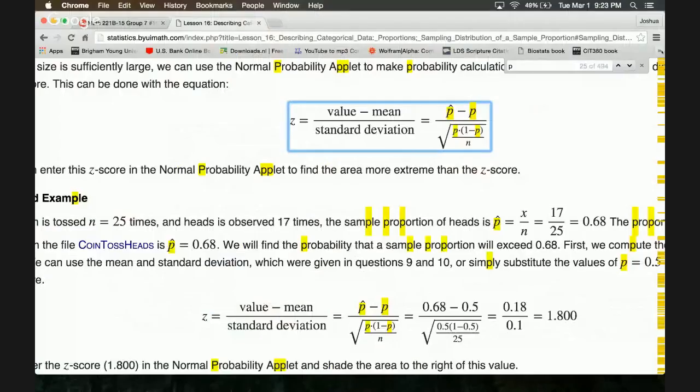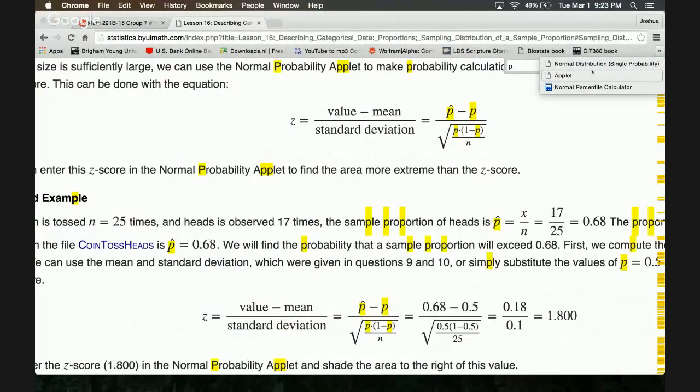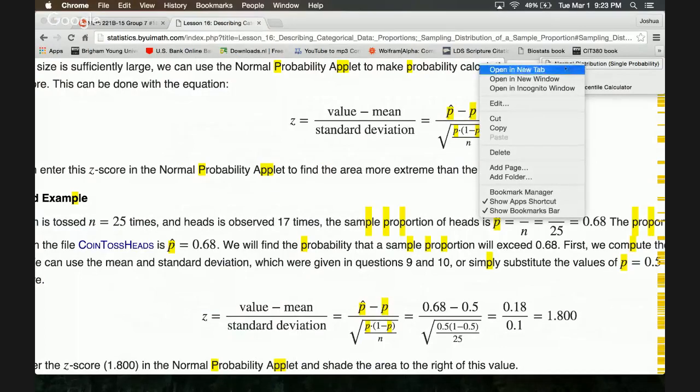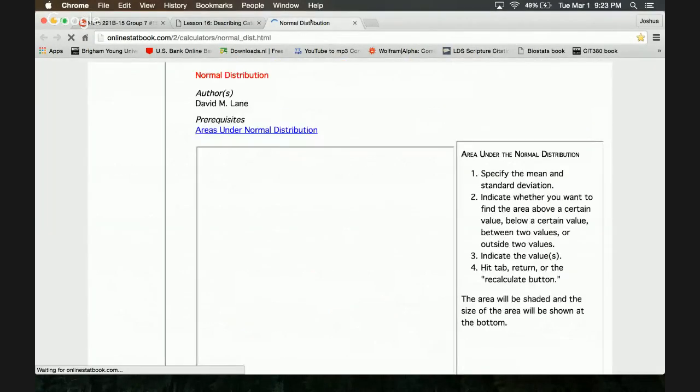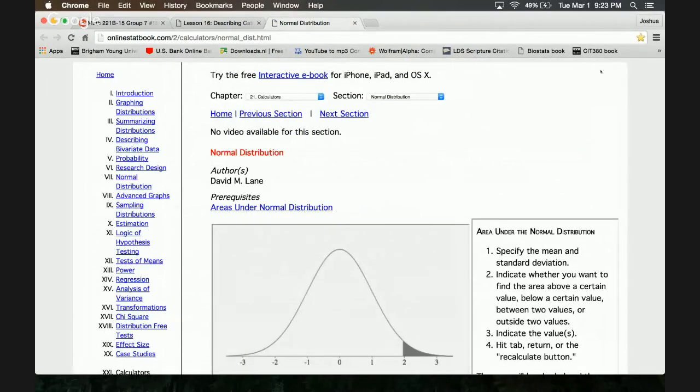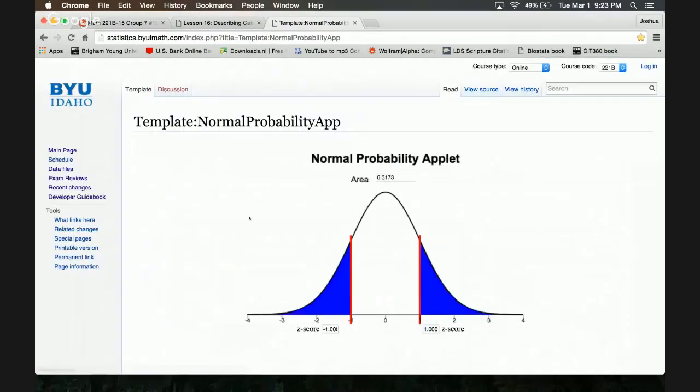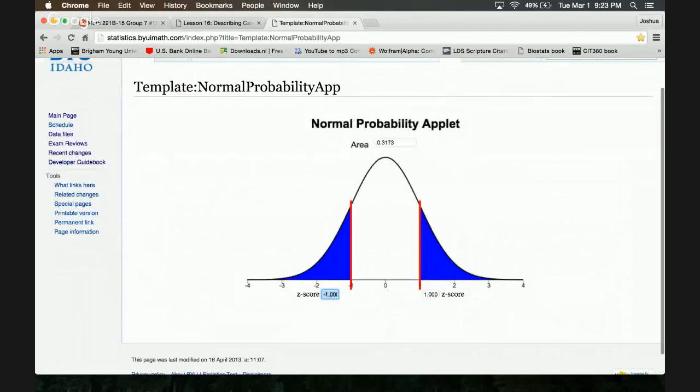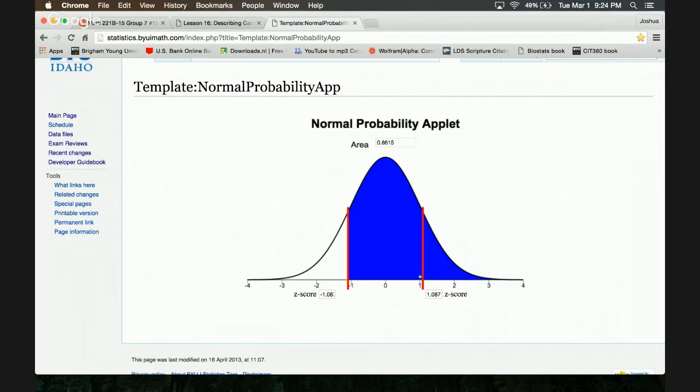If we just go to the applet, I plugged it in and got 0.8615 as the area, if it's everything above that z-score. So it has an 86% chance.